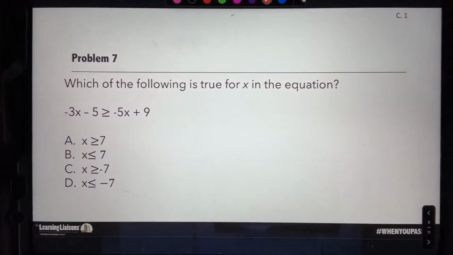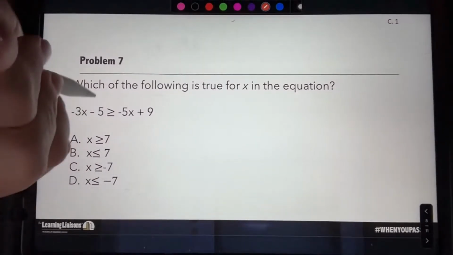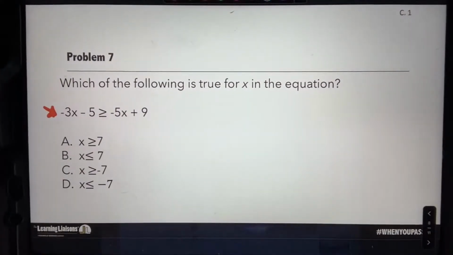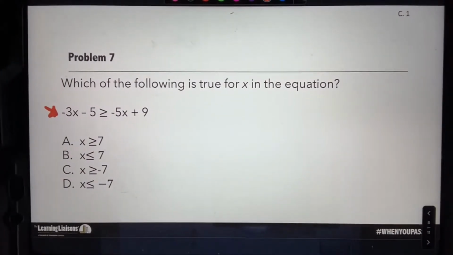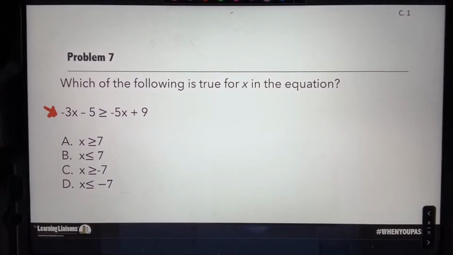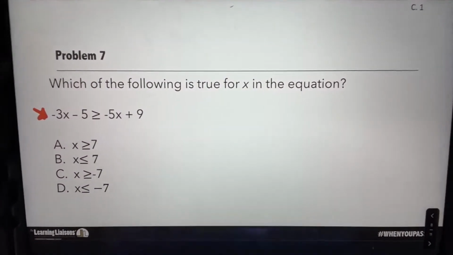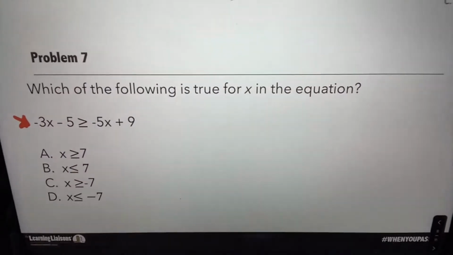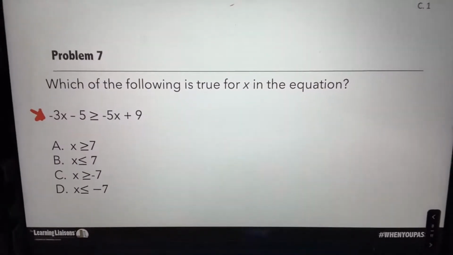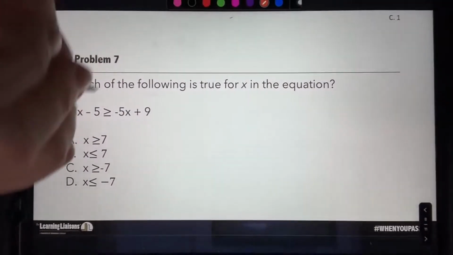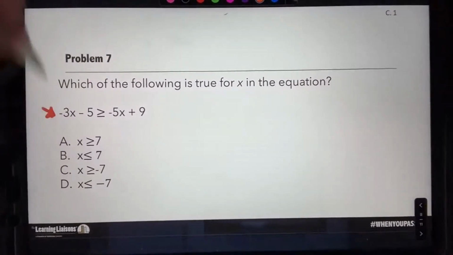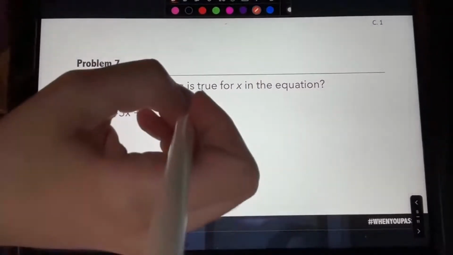I can pick numbers and plug them into this equation or this inequality and solve for it, or I can solve this algebraically. Personally, I am an algebraic solver all day, but I know not everybody is. So let's go ahead and solve this algebraically, and then I'll show you how to use the answer choices to help you. So I'm just going to rewrite it really quickly, and then we'll solve it together.